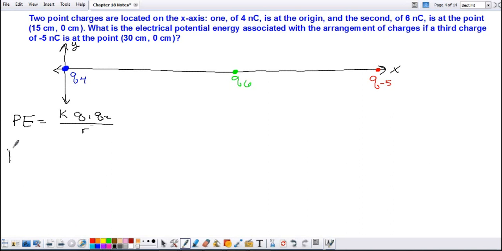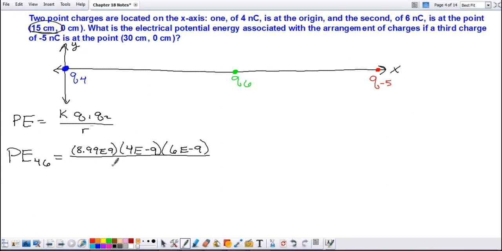Let's find the electrical potential energy between the 4 nanocoulomb and the 6 nanocoulomb charge. So we've got Coulomb's constant, 8.99 times 10 to the 9th, times 4 times 10 to the -9th, times 6 times 10 to the -9th, all divided by the distance between the two, which was 15 centimeters, so 0.15. This distance is 0.15.